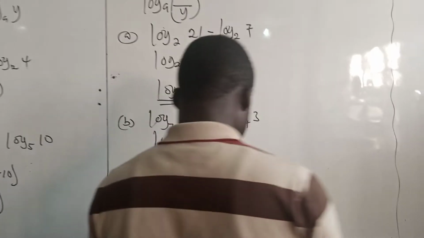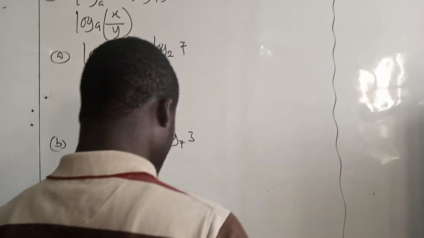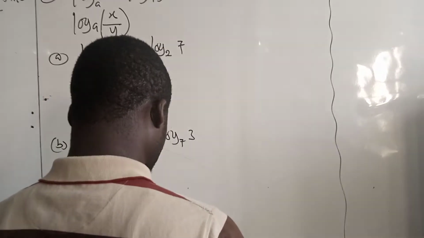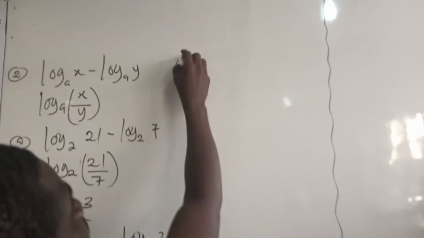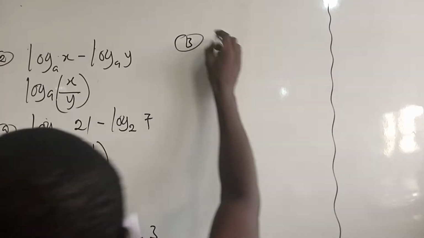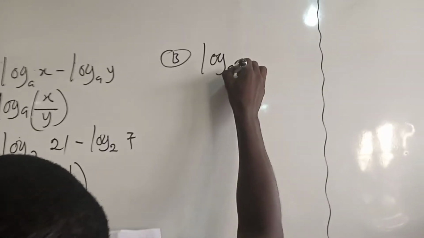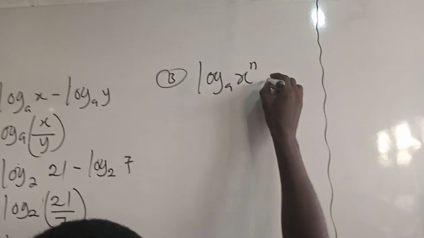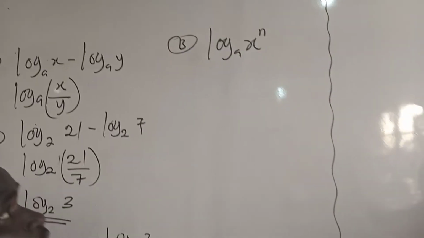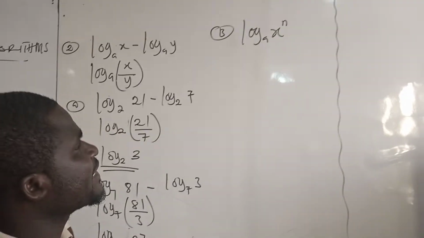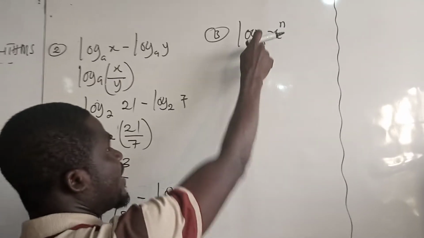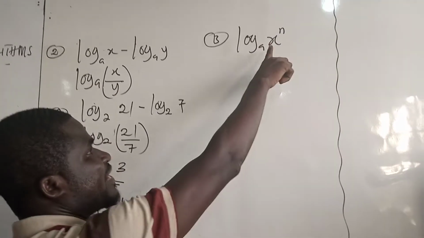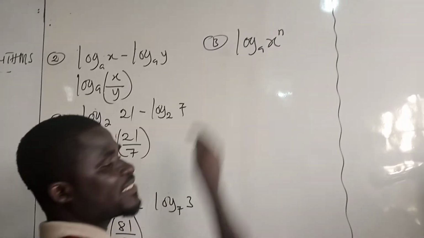The third law says that we have log a x^n. Now this is the third law. You say we have the base, that's the log a, that's the base. Then we have the number, then we have the exponent.